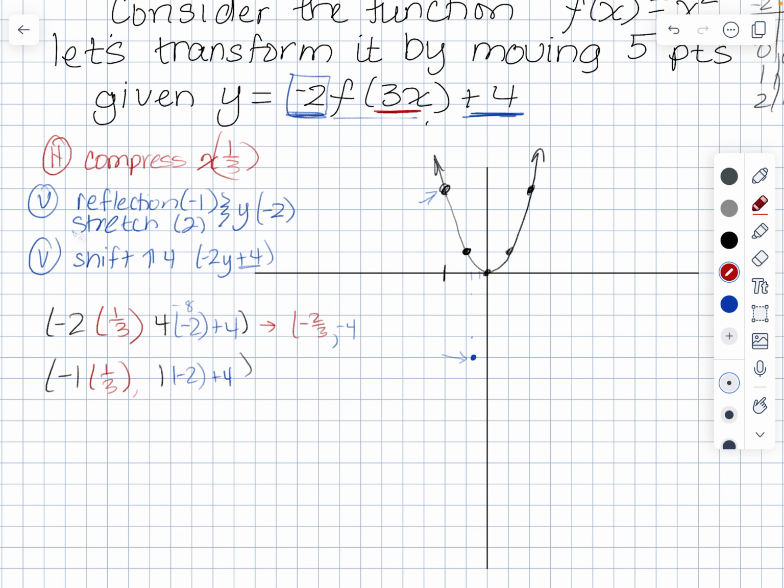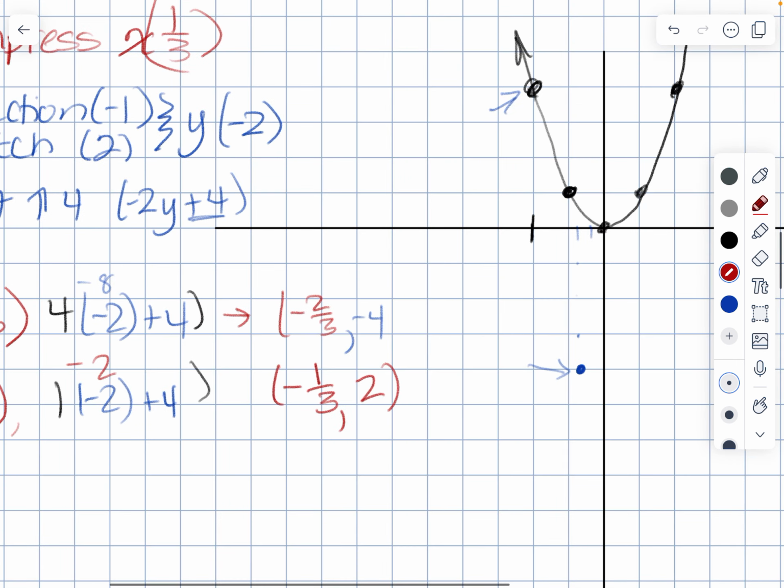So that's going to be at -1/3, and then -2 plus 4, which is 2. All right, so we're going to go over 1/3 and up 2.